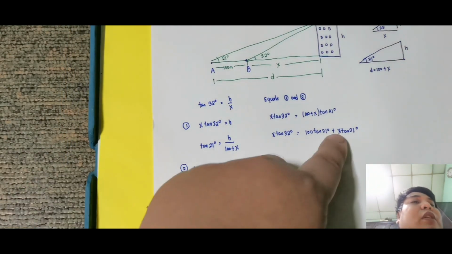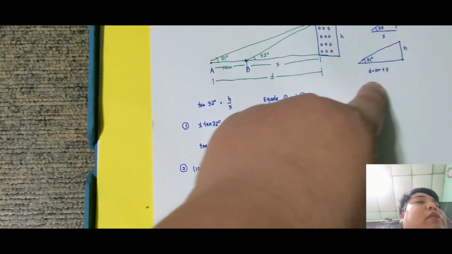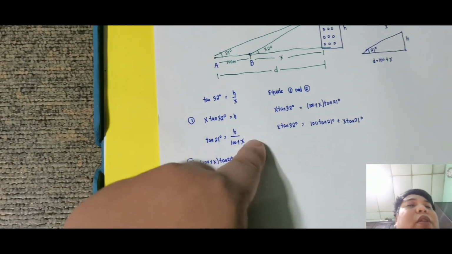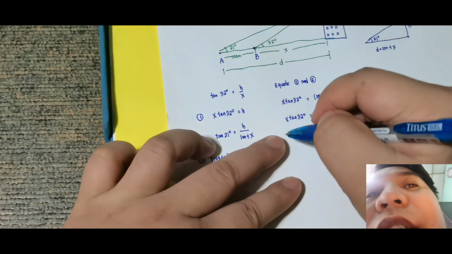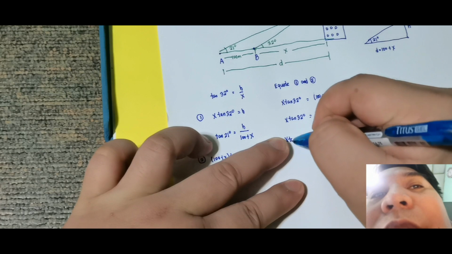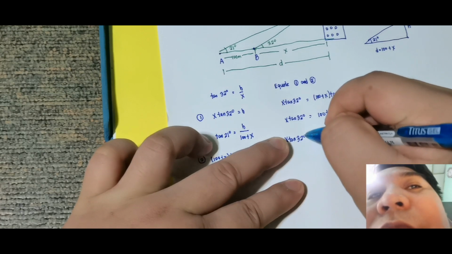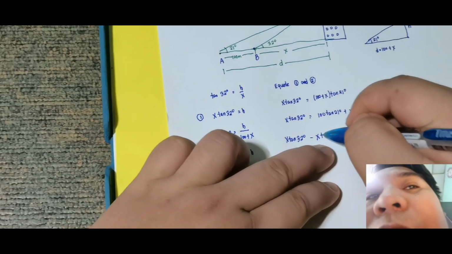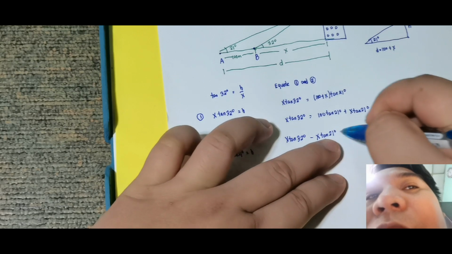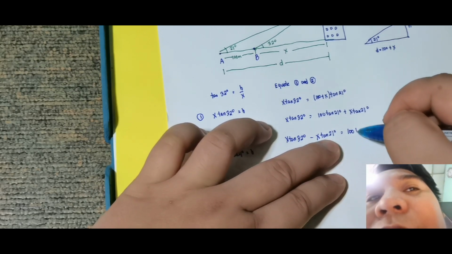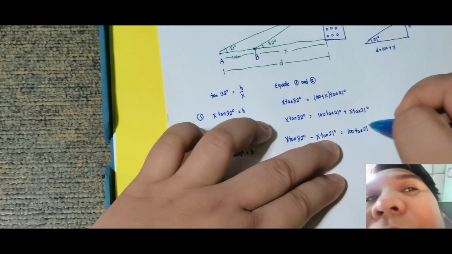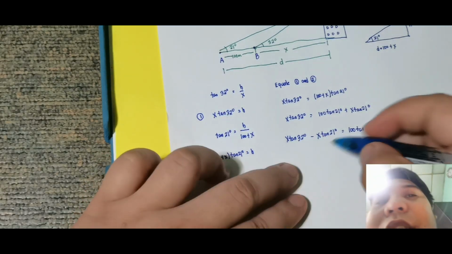Okay, next is siyempre solve natin yung value ng x kasi x yung hinahanap natin para makuha natin yung d. Okay, so solve for x. Transpose. This is x tangent 32 degrees minus x tangent 21 degrees is equal to 100 tangent 21 degrees. Okay, factor out sa x.